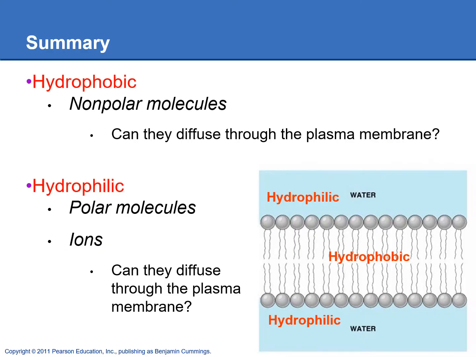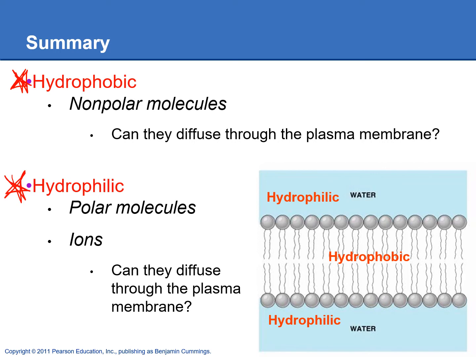Okay, so this is really important to know because this will come back again later when we talk about membrane transport. So you need to know what can cross the membrane and what can't. So it's important to know what's hydrophobic and what's hydrophilic.